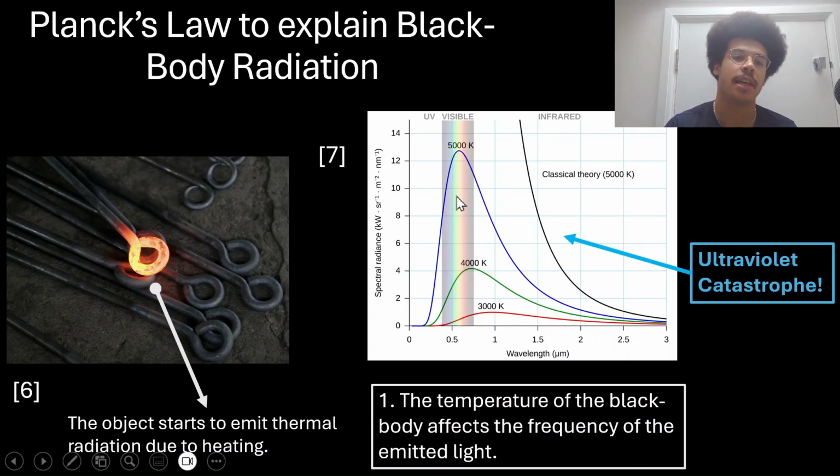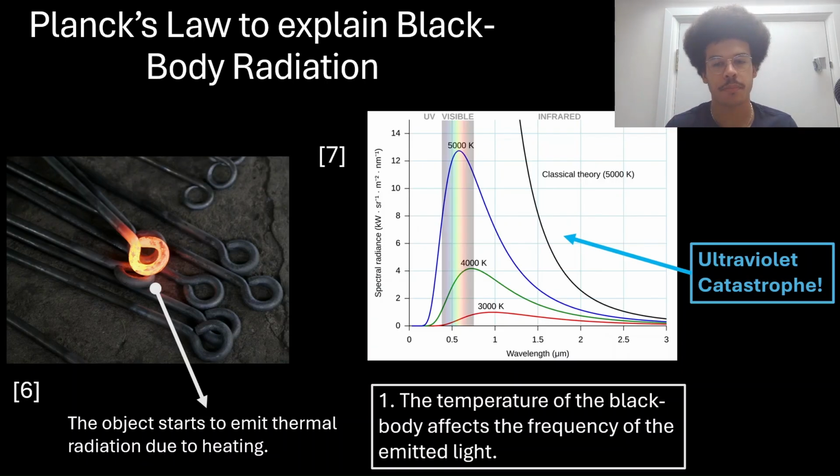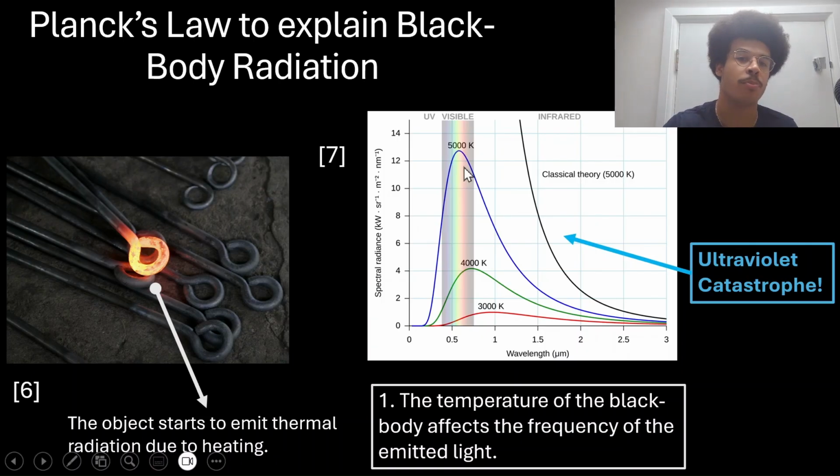What was discovered later on is these beautiful curves here, the blue curve, the green curve, the red curve, that at different temperatures objects will emit a large spectrum of colors, both into the UV region, the ultraviolet region, and also into the infrared region, but there will be a dominant peak, and the height of the peak will be at a color.